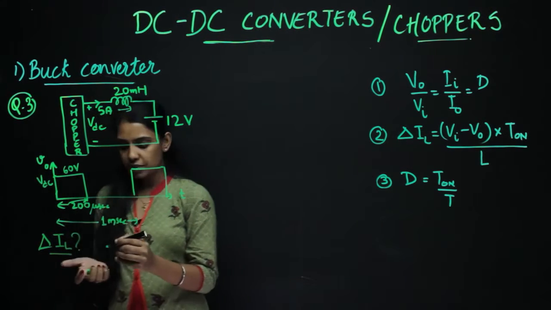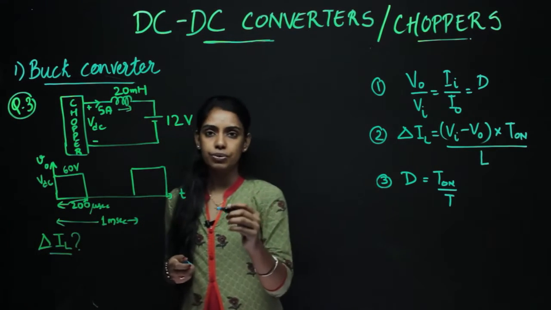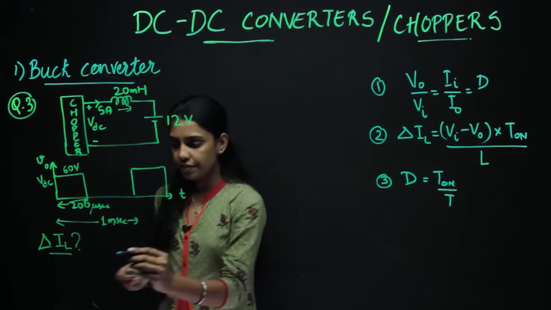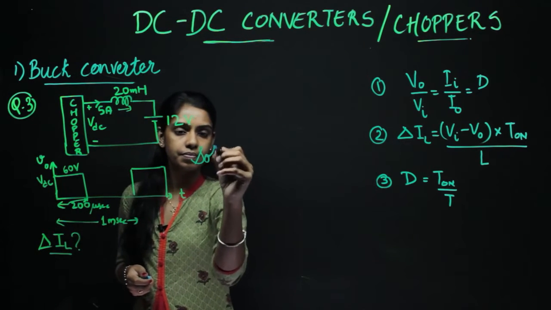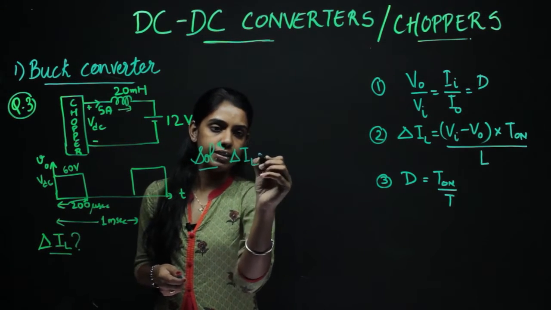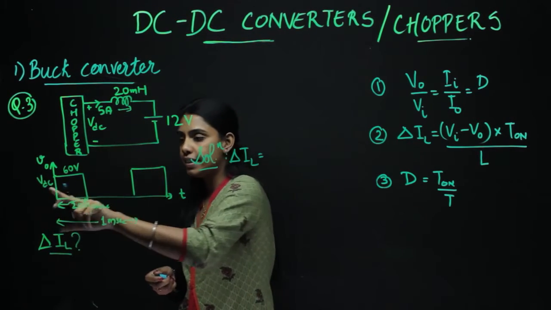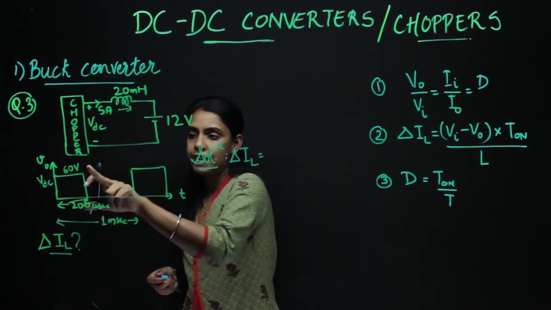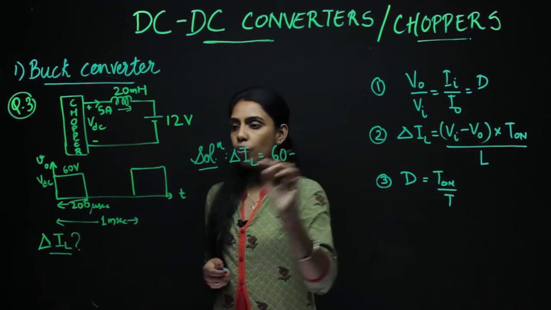So again, similar to the previous two questions, here also we have to directly start using the formula. So we have the solution. I'll write it here. Solution: delta IL is equal to (VI minus VO) multiplied by T on divided by L. Now VI is VDC, and in this graph VDC they have given as 60. So this is 60 minus VO.